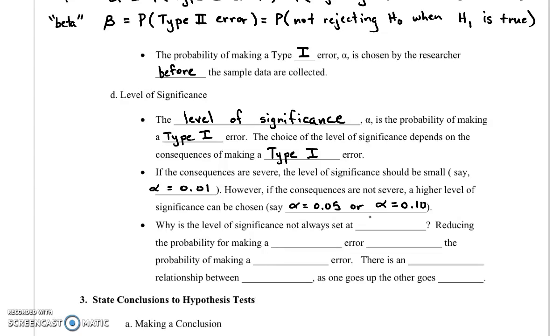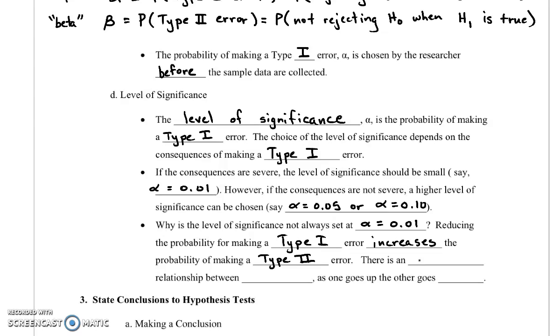Why is the level of significance not always set at 0.01? Well, it's a trade-off. So when we reduce the probability for making a type 1 error, that increases the probability of making a type 2 error.